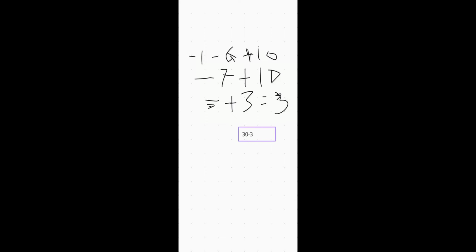Okay, you want to do text. Text is better, yeah. It helps you to be able to type. 30 minus 3 bracket minus 4 close brackets.